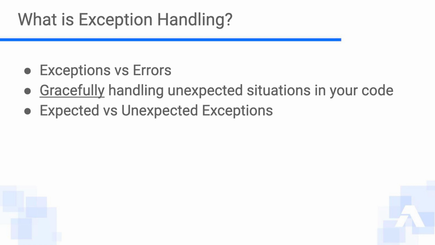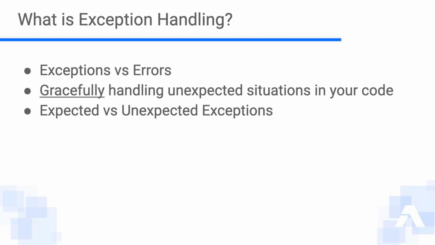When I say gracefully, what I mean is that you're not only failing when you expect to, like if something doesn't happen, but also that you're able to handle any unforeseen situation and actually take action on it. So it's not just "Oh, it failed, and it's a surprise." It's "I knew it was going to fail," or "I didn't know it was going to fail, but now that it has, I'm aware of it, I know that it happened, and I can do something about it."